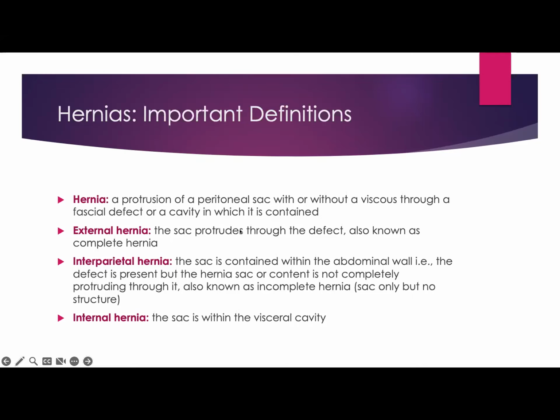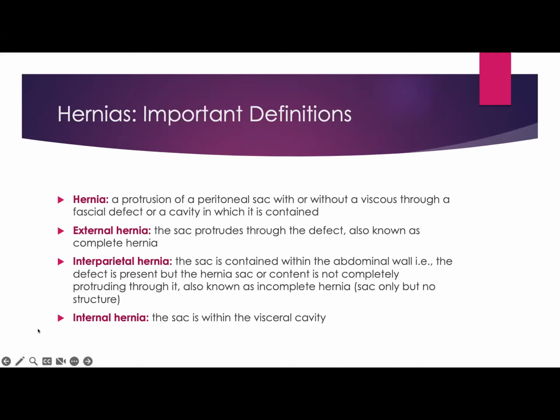So if we have the defect and the sac is not protruding, then factors that contribute to increased abdominal pressure, like coughing, pregnancy, constipation, or even strenuous activities, all of that can increase the abdominal pressure and can make the interparietal hernia protrude completely. Okay.